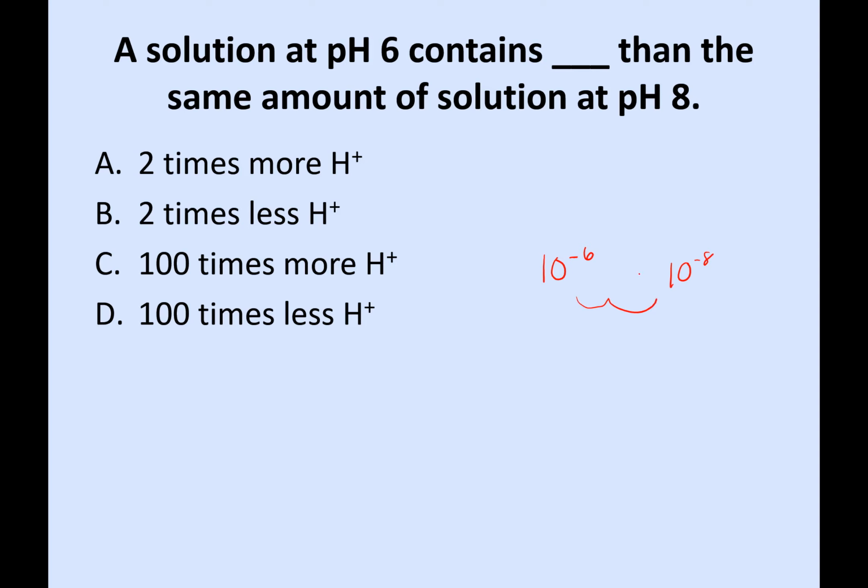So we know, because 10 to the minus 7 is in the middle, we have a 10 times 10, we have 100 times difference, so it's C or D. 10 to the minus 6 is a larger number than 10 to the minus 8. So the answer is C, 100 times more H plus.